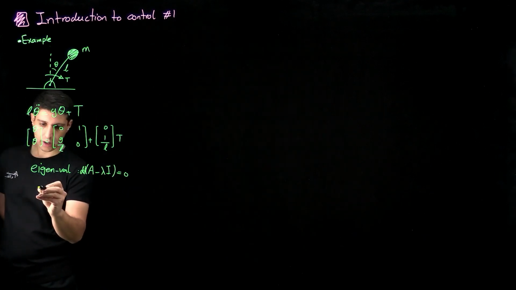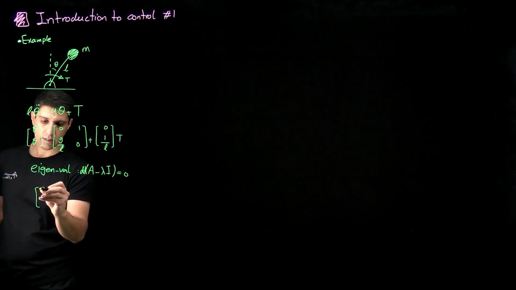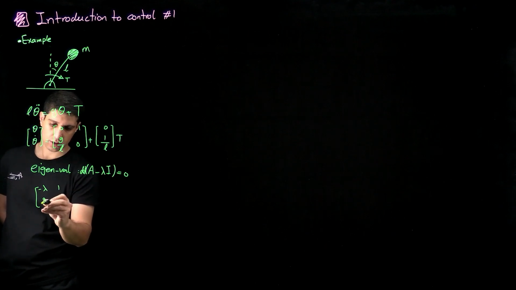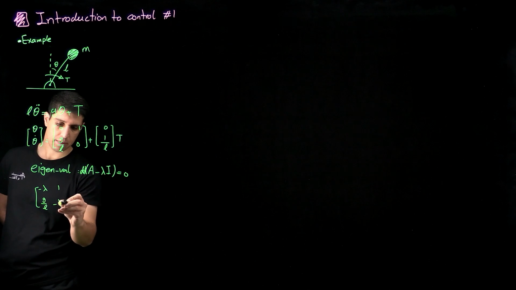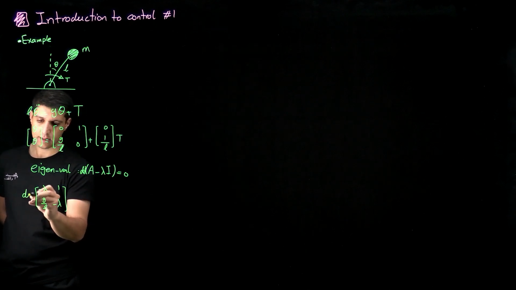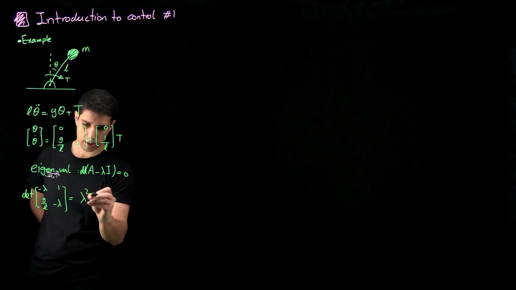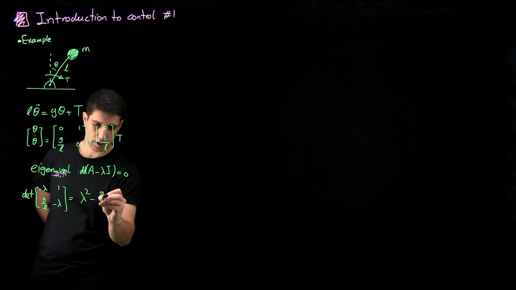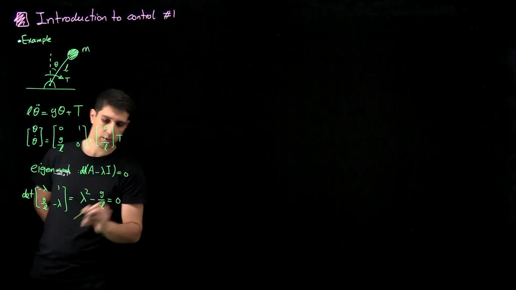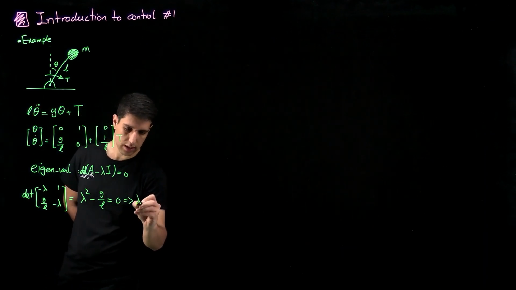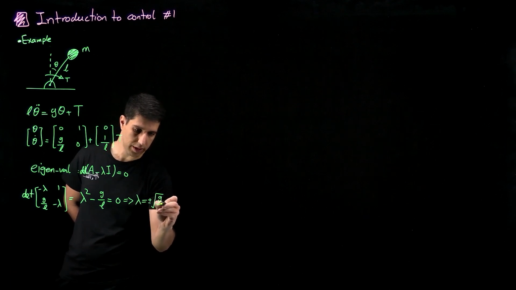So what I would get is minus lambda, 1, G over L, minus lambda. The determinant of this is going to be lambda squared minus G over L equals 0. So from here I get two eigenvalues, lambda is plus minus the square root of G over L.